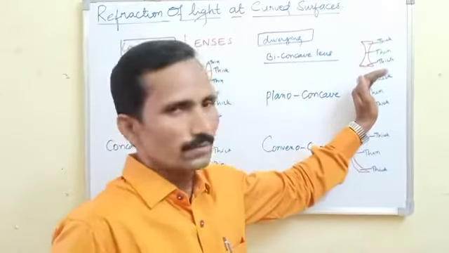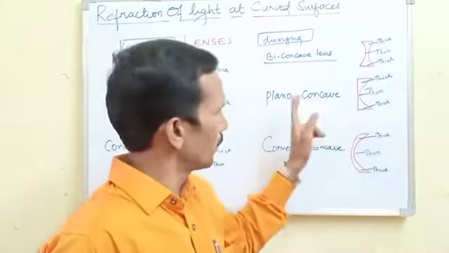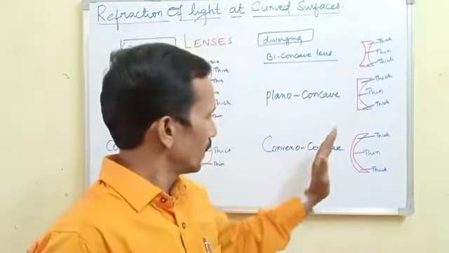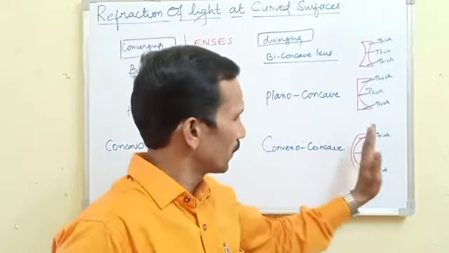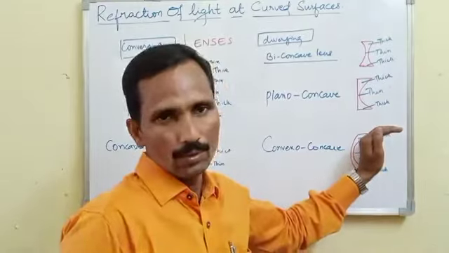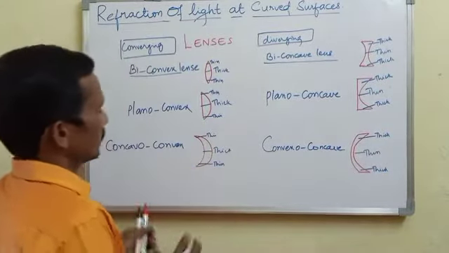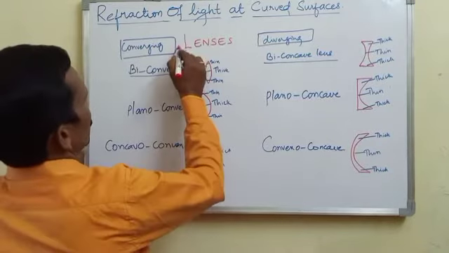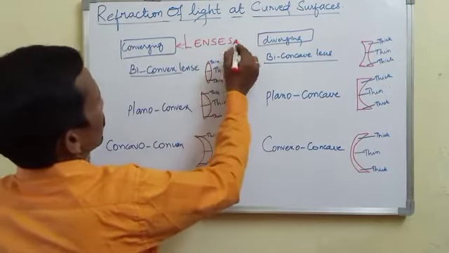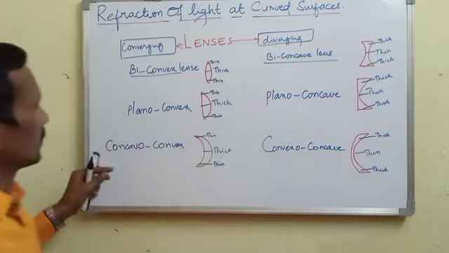One side curved inside and the other side plane, so plano concave lens. And here one side is convex and the other side is concave, convexo concave lens. These are diverging lenses. So lenses are two types, converging lens and diverging lens.